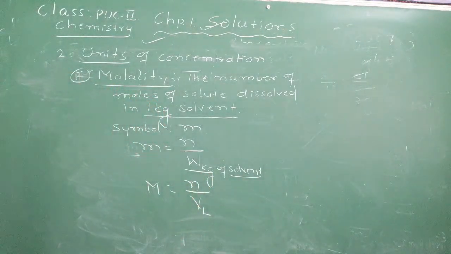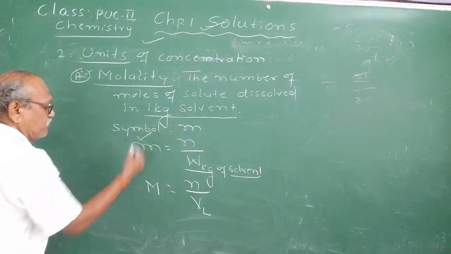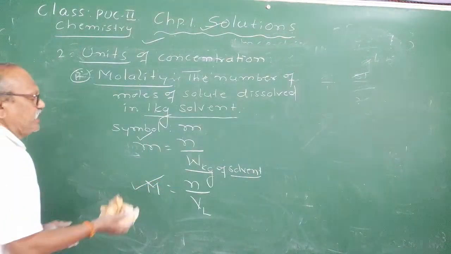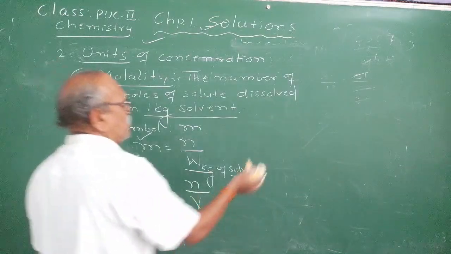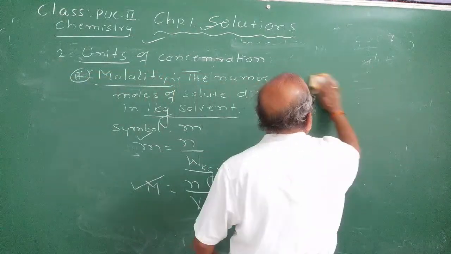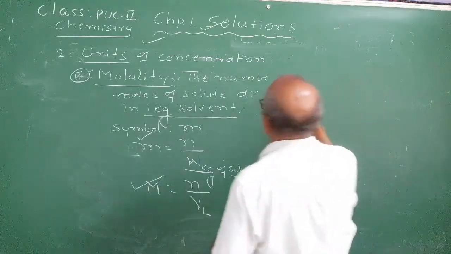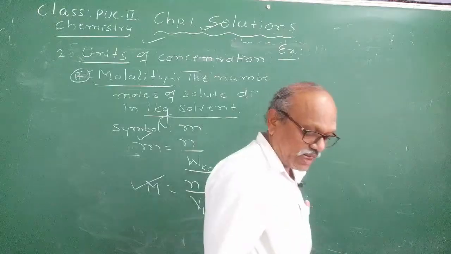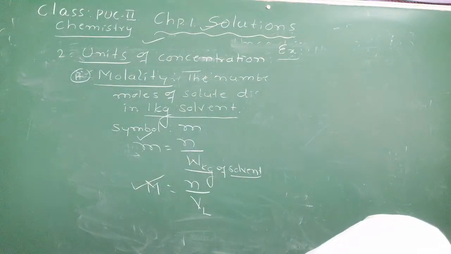That is the main difference between the formulas of molality and molarity. I will take one example, the same question we just solved, to calculate both molality as well as molarity.